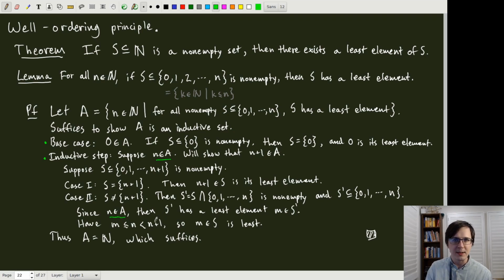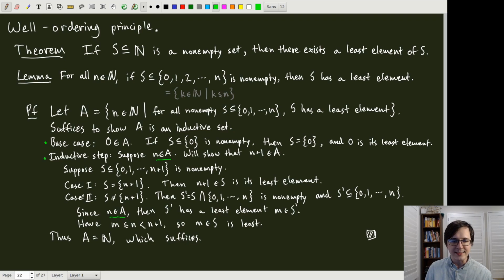If you look back to the definition of less than or equal to, that's when k is 1. So since this is true, that means that M is the least element in S, because it can't be n plus 1, since n plus 1 is bigger than it. Okay, so that completes showing that M is actually the least for S.